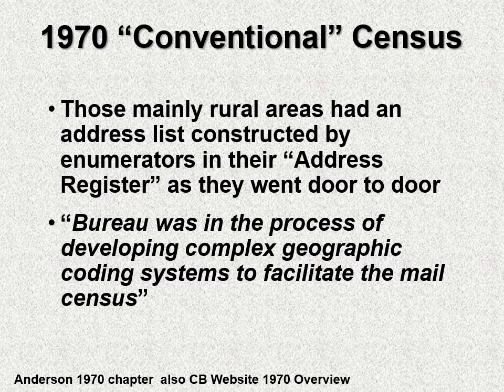So the Bureau was in the process in 1970 of developing very complex geographical coding systems that led to, with computers, a very advanced look at an area, so that the Census Bureau would be able to answer how many people lived on the east side of Oak Street between Maine and Commonwealth, for instance. Before that, they could not tell you that. Afterwards, they had that information.